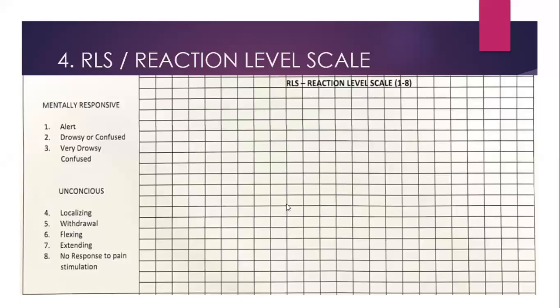All right, to continue, so for the RLS or the reaction level scale, it's basically like the Glasgow Coma Scale, but it just focuses on the consciousness of the patient. So ganun pa rin, no? Depending on the institution, kung ano yung susundin ninyo. So, if alert yung patient, you just check this box right here. So, for example, this is part of the 11 a.m., 12 p.m., 1 p.m., 2 p.m. So, just check it.